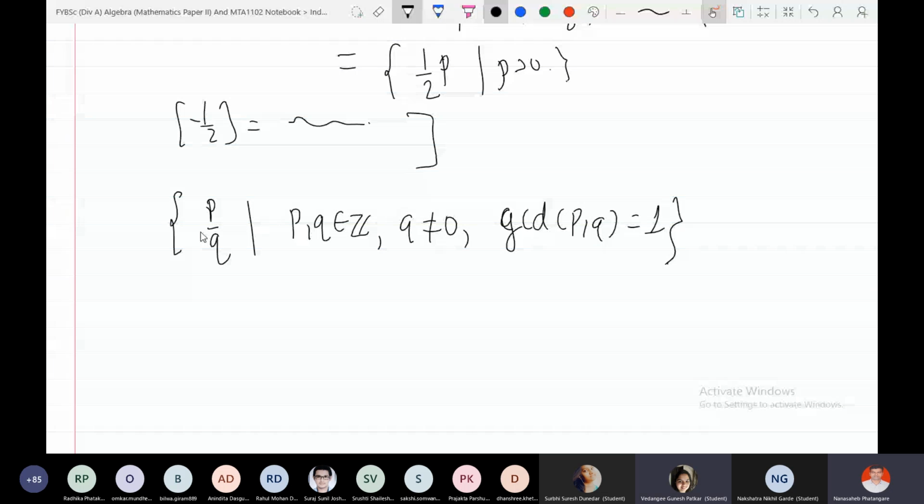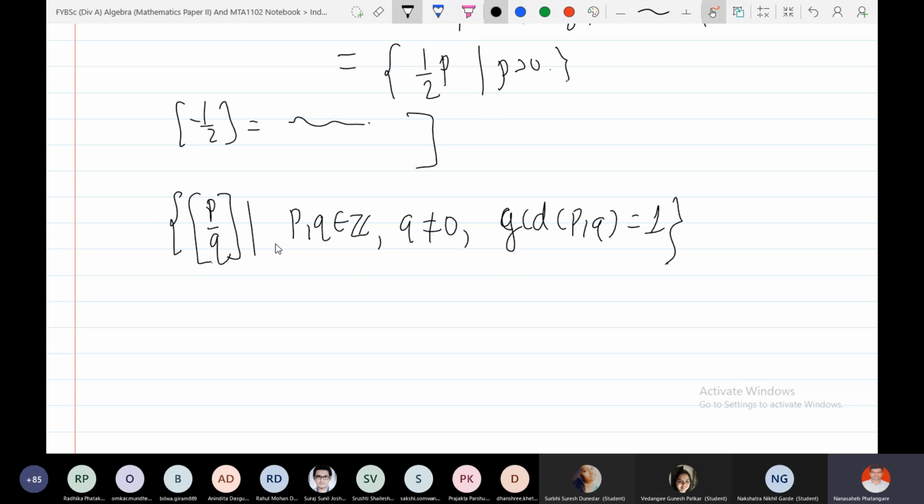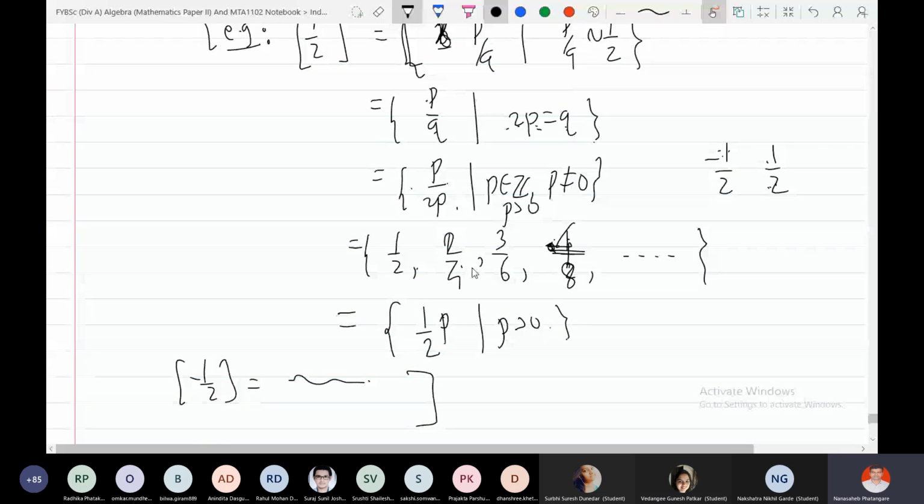So if you look at all the classes, see what you observe: this class of half, 1 by 2, 2 by 4. What is the difference? Only 2 is common in the numerator and denominator. If you multiply numerator and denominator by 3, we get half multiplied by 3, then half multiplied by 4, half multiplied by 5, half multiplied by 6.